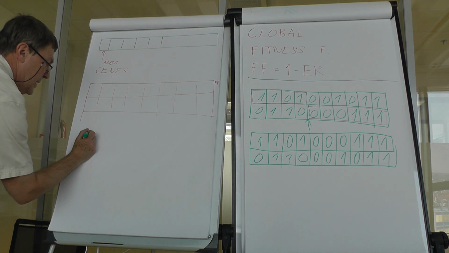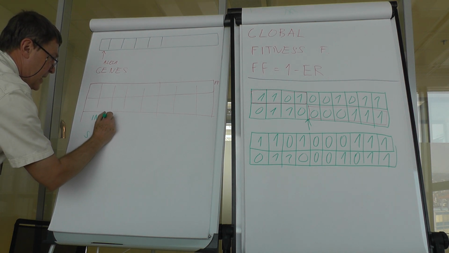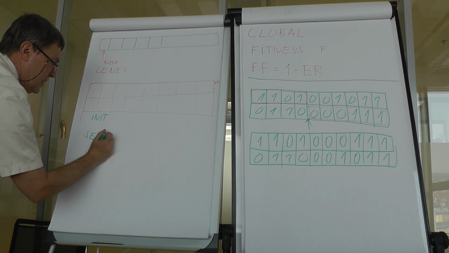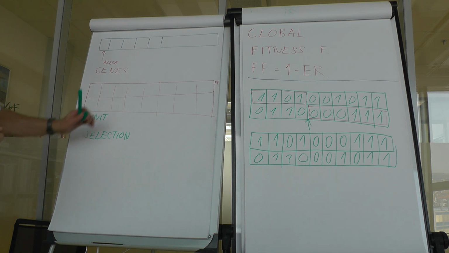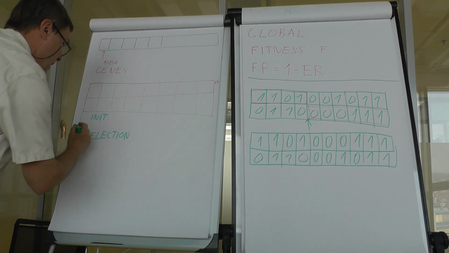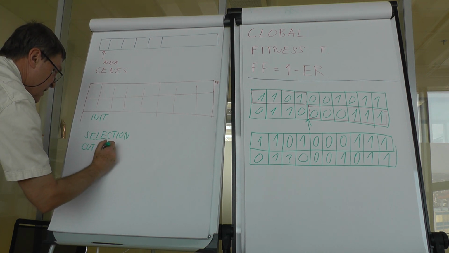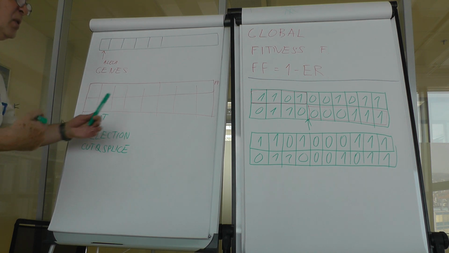So in this route, we have initialization, then selection, which selects parents. We have cut and splice, that generates new offspring.